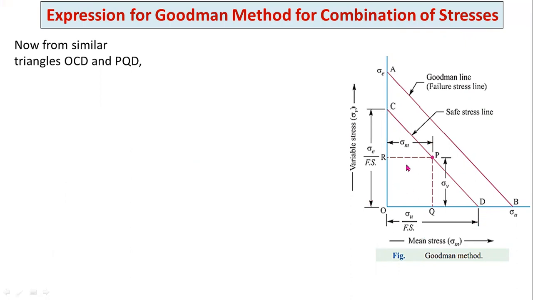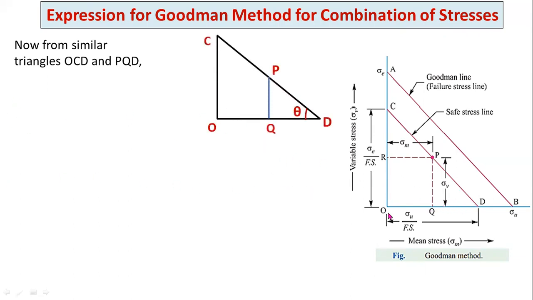Triangle OCD is one triangle, and triangle PQD is the other triangle.